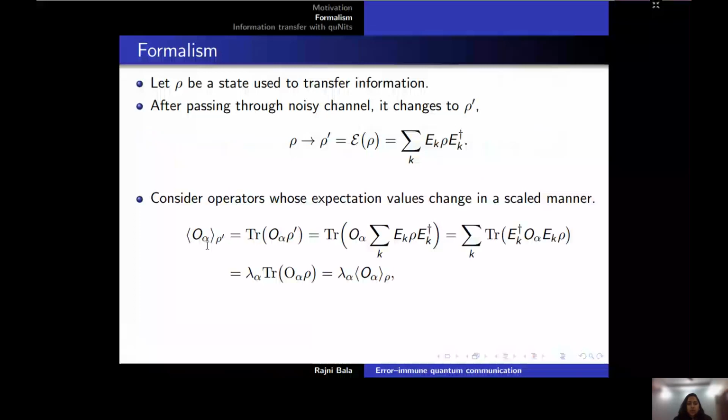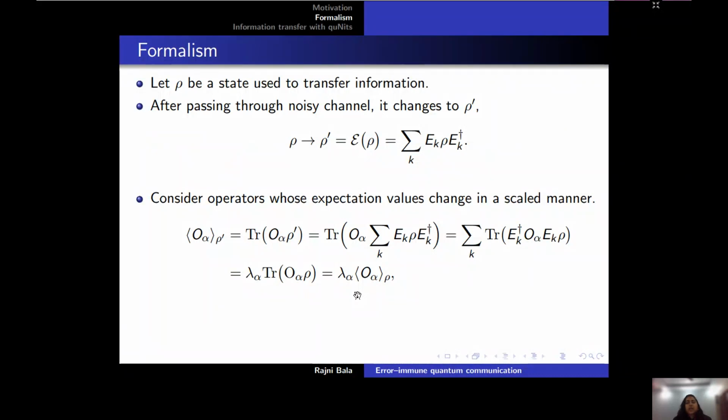The expectation value of this operator O alpha for the noisy state is simply rescaled by a factor lambda alpha from the expectation value of the same operator over the original state in which information was encoded. So if somehow we can get rid of this factor lambda alpha, then we will have the corresponding quantity which remains invariant under this noisy evolution of a state.